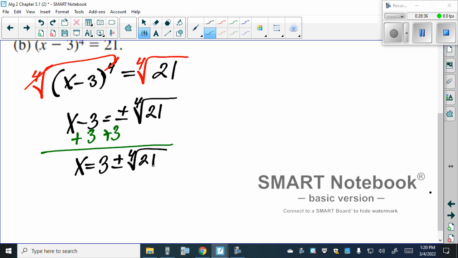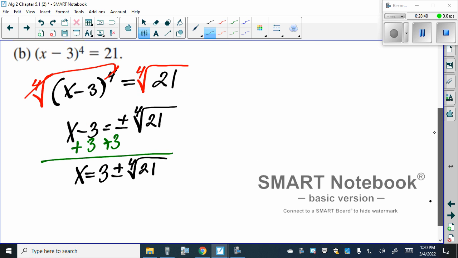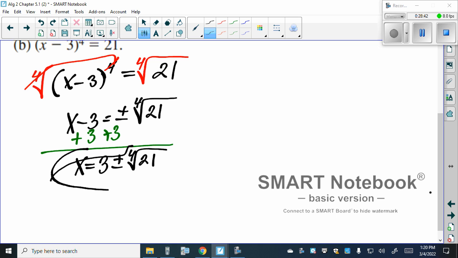Now this is as far as we can take it because it's not asking us to approximate this answer or round this answer to the nearest tenth or the nearest hundredth. It's just wanting this exact answer. So we can leave it in radical form because the fourth root of 21 is not a whole number. It has an ugly decimal to it.